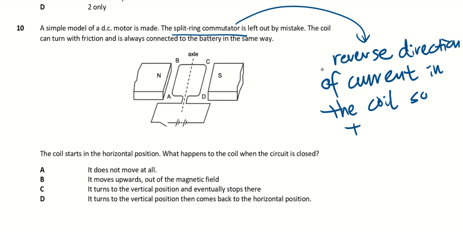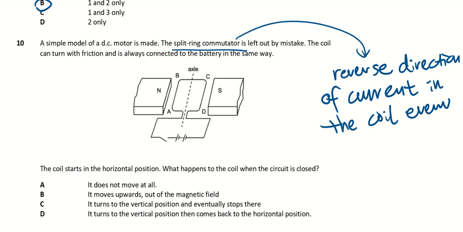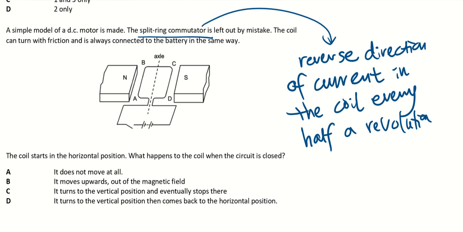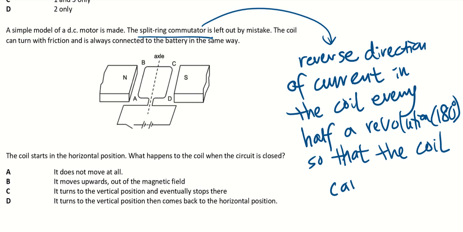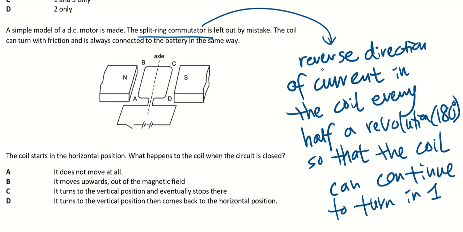so that every half a revolution, which is actually 180 degrees, the coil can continue to turn in one direction.